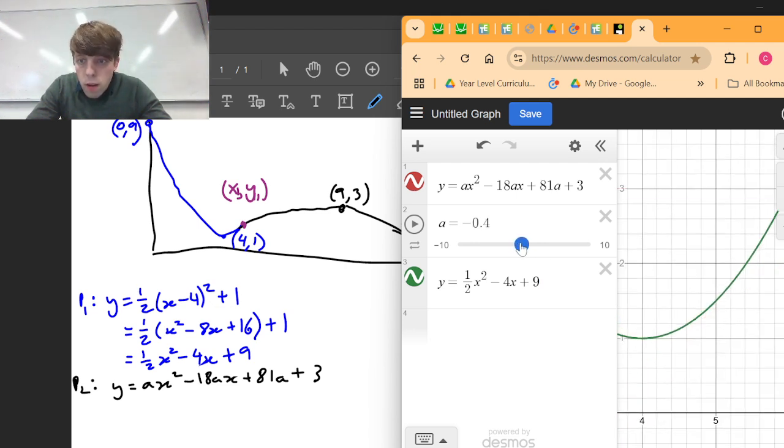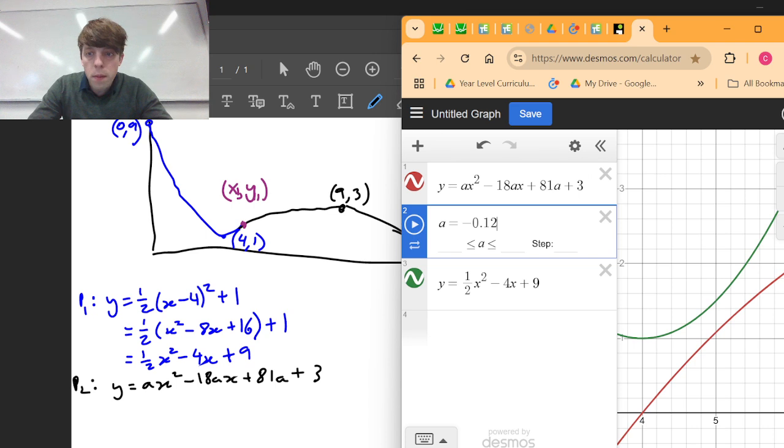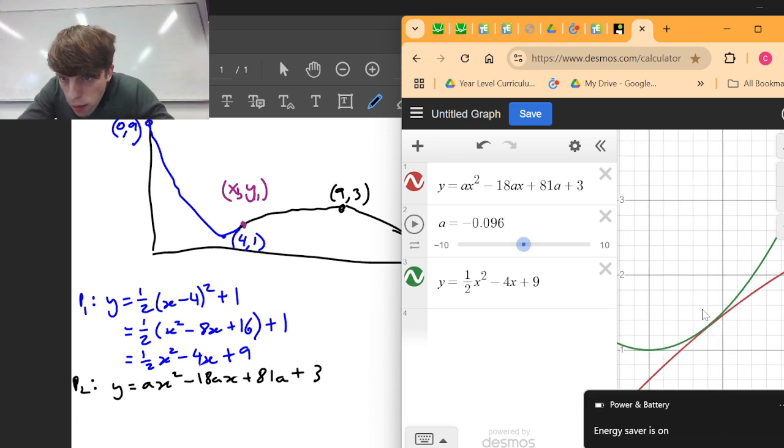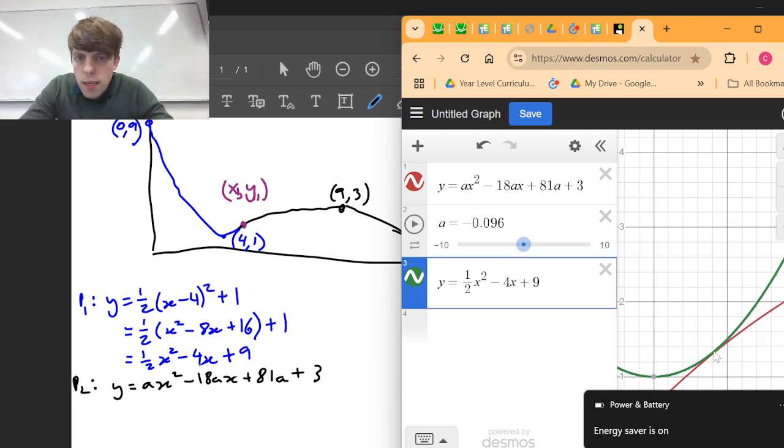But if I vary the value of a, it's hard to find the exact point, and we might need to play around with it a bit. It might be like 0.9, it's a bit more than that, and then we've overshot it. It's really hard to find as an exact value.